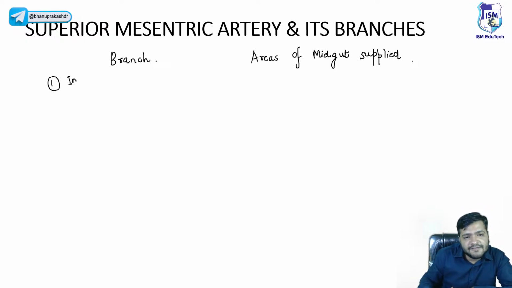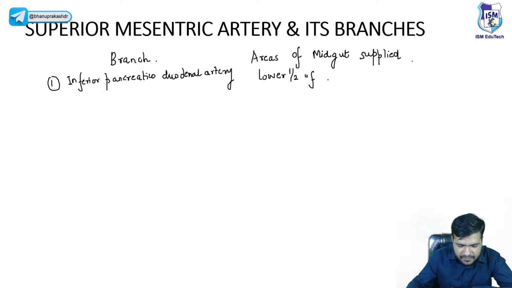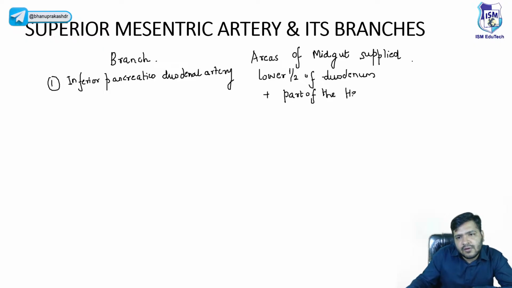So yes, it is the inferior pancreaticoduodenal artery. And the areas of the midgut which are supplied are the lower half of the duodenum, plus a small part of the head of the pancreas.